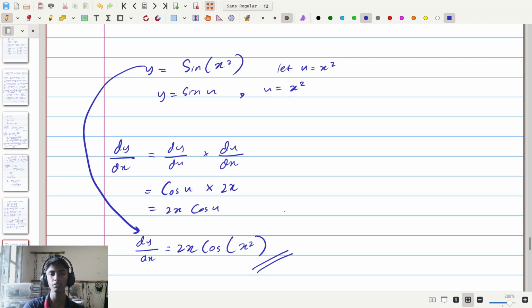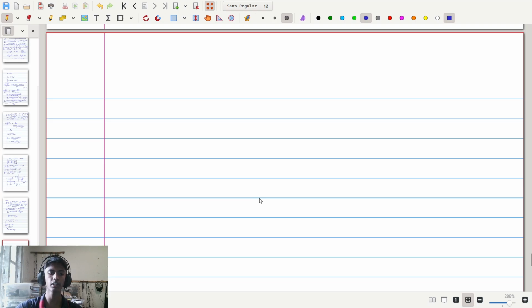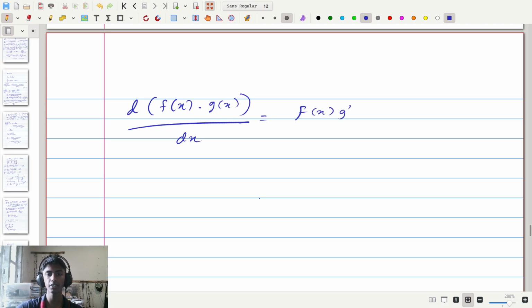So that's it for the three rules. We have discussed the product rule, the quotient rule, and the chain rule. Writing these three as a final summary: the derivative of a product of two functions f of x multiplied by g of x is equal to f of x g dash x plus f dash x g of x.